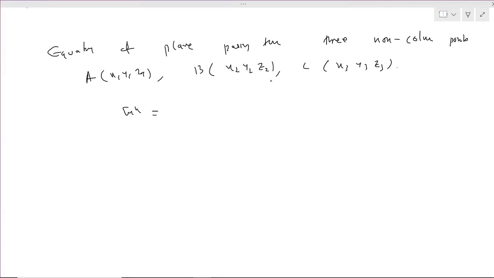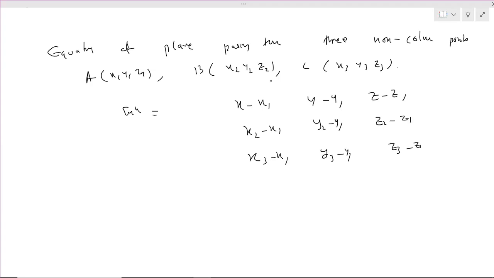The equation is the determinant with rows x minus x1, y minus y1, z minus z1; x2 minus x1, y2 minus y1, z2 minus z1; x3 minus x1, y3 minus y1, z3 minus z1. Determinant equals 0. Questions?